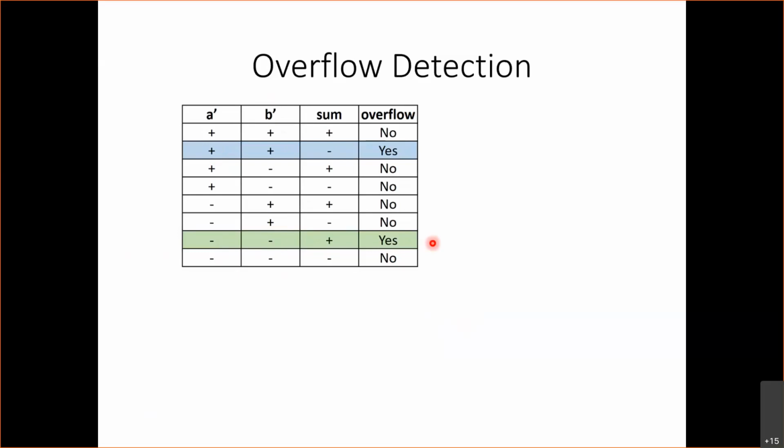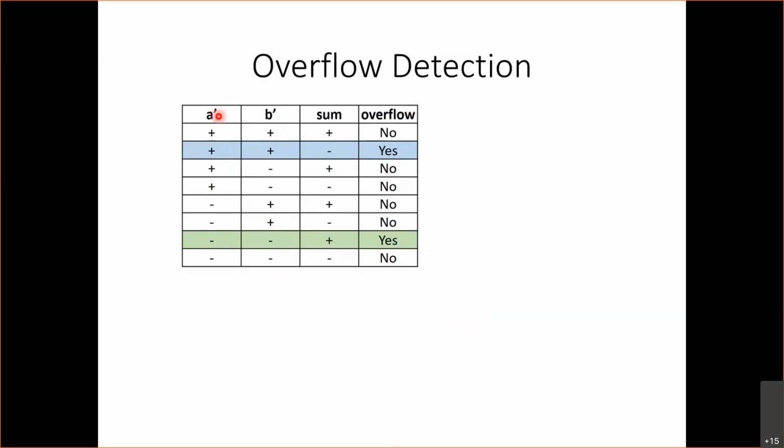So what does 2's complement tell us about positive and negative numbers? A is a positive number if the most significant bit of A is 0. And A is a negative number if the most significant bit of A is 1. Okay, we've seen this before.